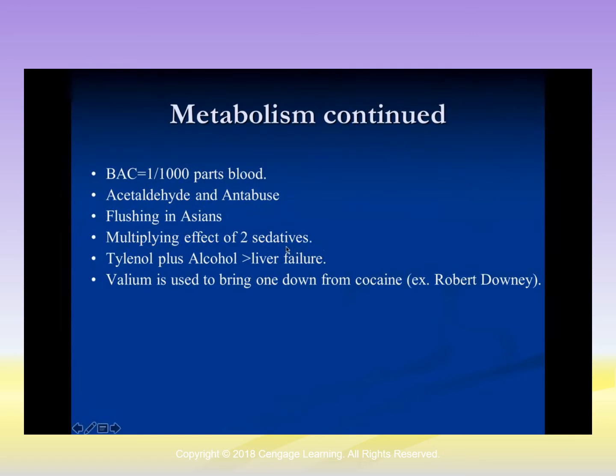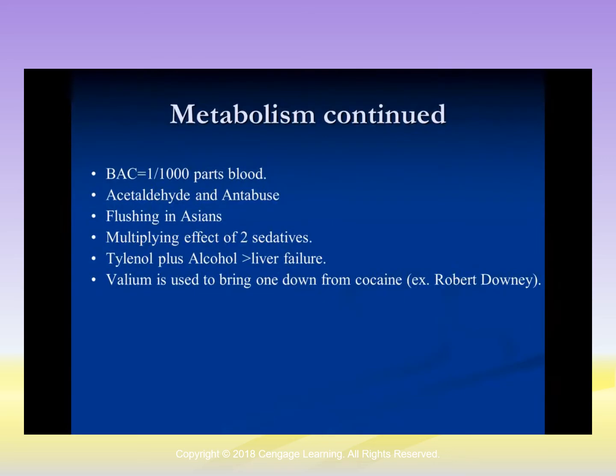Potentiation occurs when we have two of the same types of drugs. So, for example, if a person has a Benadryl, which is a sedative, and then drinks alcohol, they're going to feel a lot sleepier than if they just had the Benadryl by itself or they just had the alcohol by itself. And I've had several clients over the years that got DUIs for drinking one drink and had taken antihistamines or Benadryl, and their BAC might have been a 0.04 or 0.06, but they still had to come to class and learn about drug interactions, which is pretty interesting.